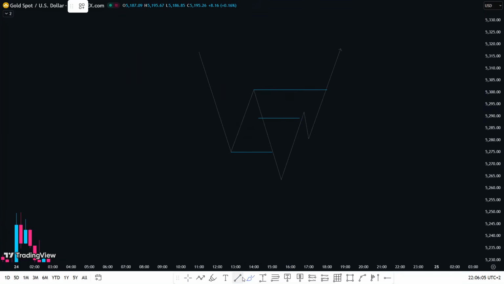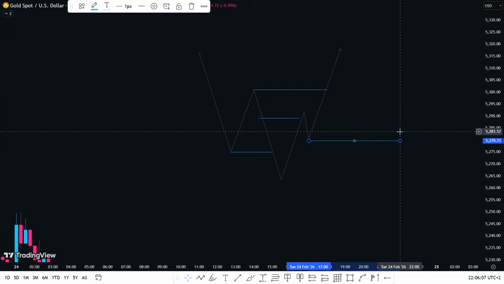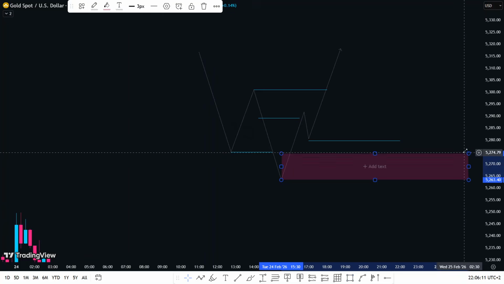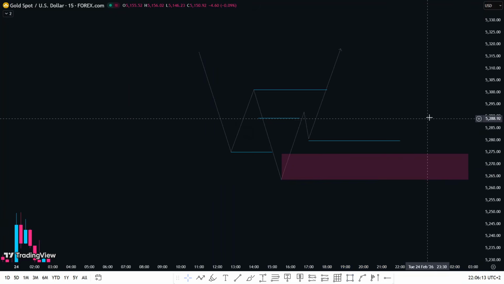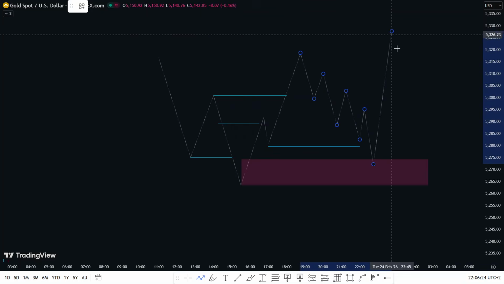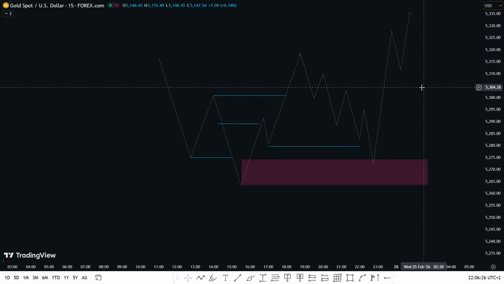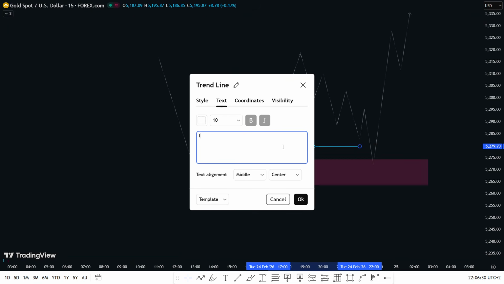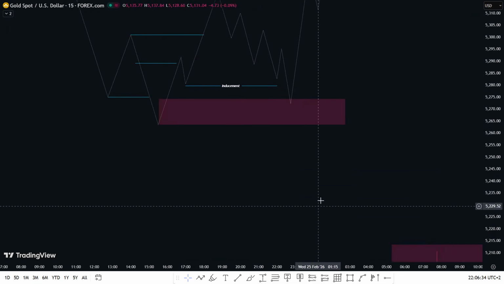So this low right here, which was created above an area of support, this area of support was never tested. So we anticipate that price will trade back into that area and then regress. This would be regarded as an inducement right here.